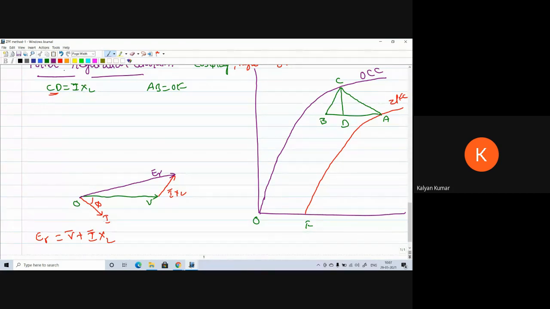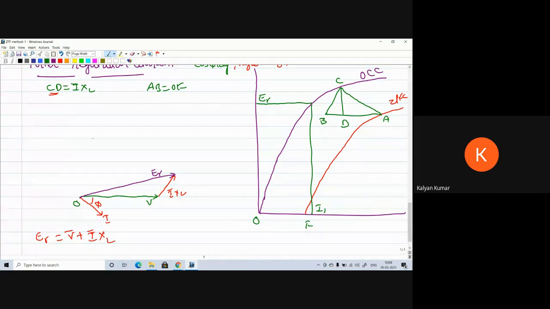Now once you know the ER value, then from the open circuit characteristics, suppose this is ER. Corresponding to this ER, we need to find the field current I1. So this I1 should be drawn perpendicular to this ER.